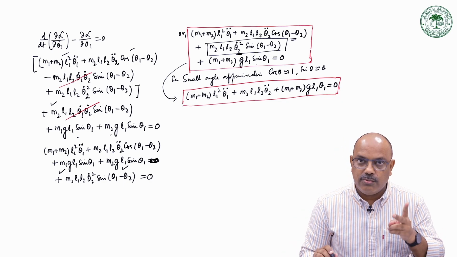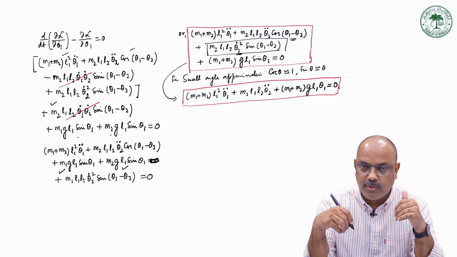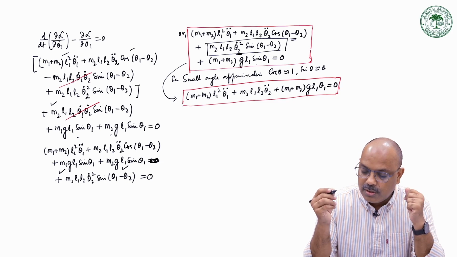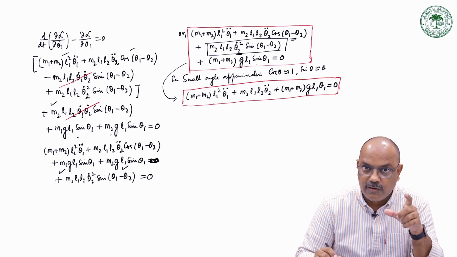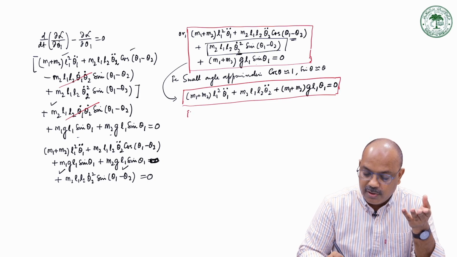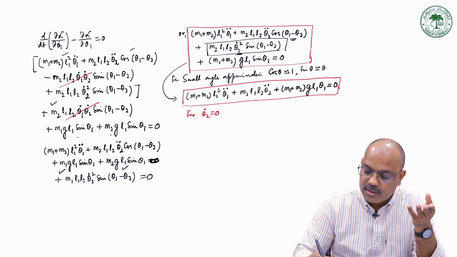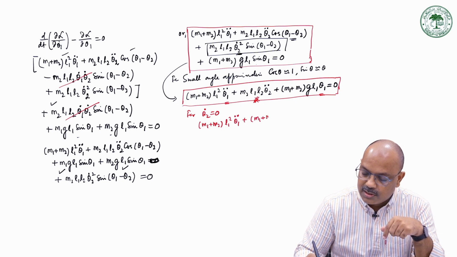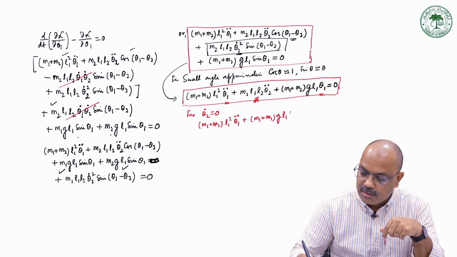Now if you fix the moment such that theta 2 dot is 0, then this part is not there, and you get the equation of motion of the simple pendulum. You have (m1 plus m2) L1 square theta 1 double dot plus (m1 plus m2) g L1 theta 1 equal to 0.